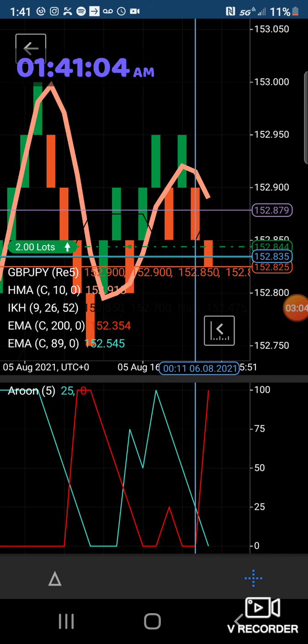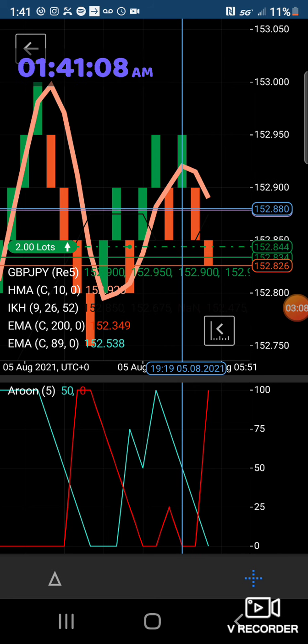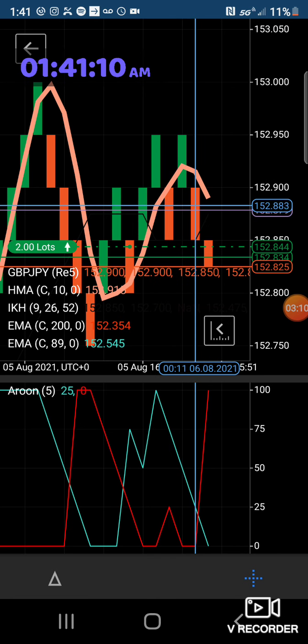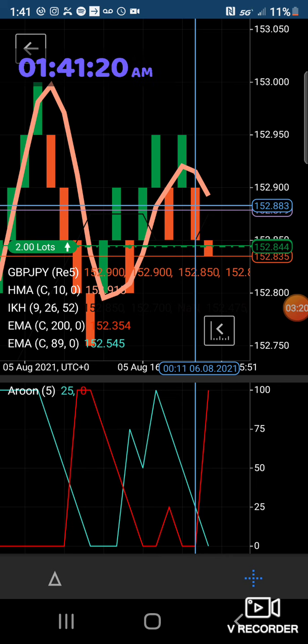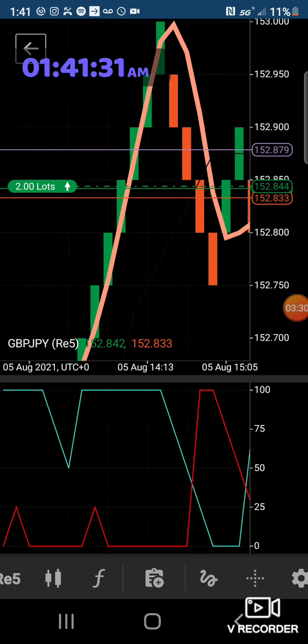So that's a good way to wait. That's a good time to wait on this thing to flesh itself out and decide whether it wants to continue to the upside or to start a new trend going down, no matter how long it may be. But let's go back through here and look at some good examples.